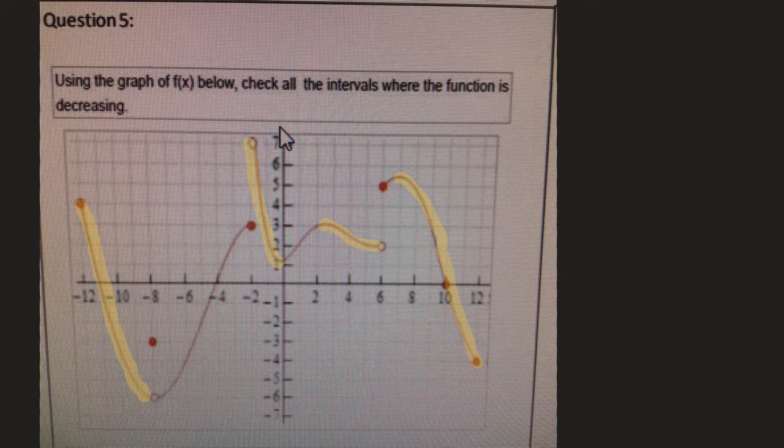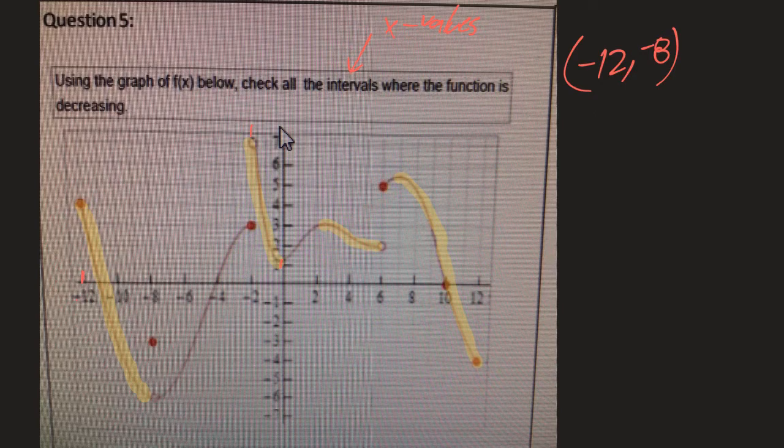So now that we've highlighted those, let's mark those out as our answer choice regions and see what we get. Remember, these are my x values. Intervals are going to be x values. And we've got from -12 until -8. The next one is this middle section right here.